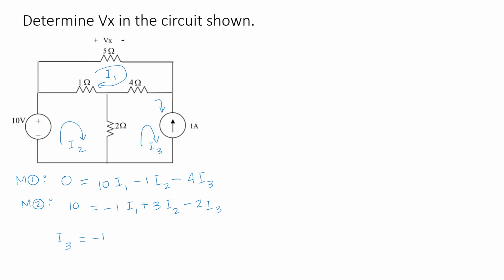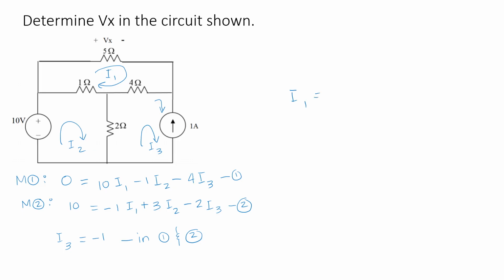Having the following equations, we can now substitute I3 in the equations obtained for meshes 1 and 2. So we substitute I3 in equations 1 and 2. That way, using Cramer's rule, we should be able to get I1.